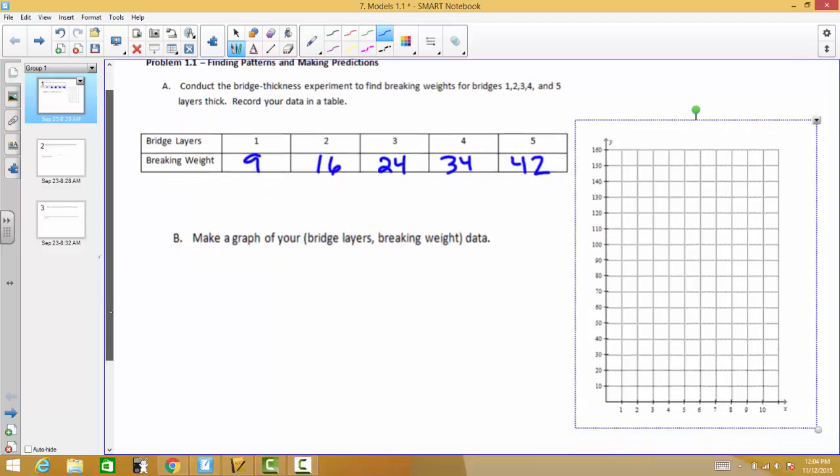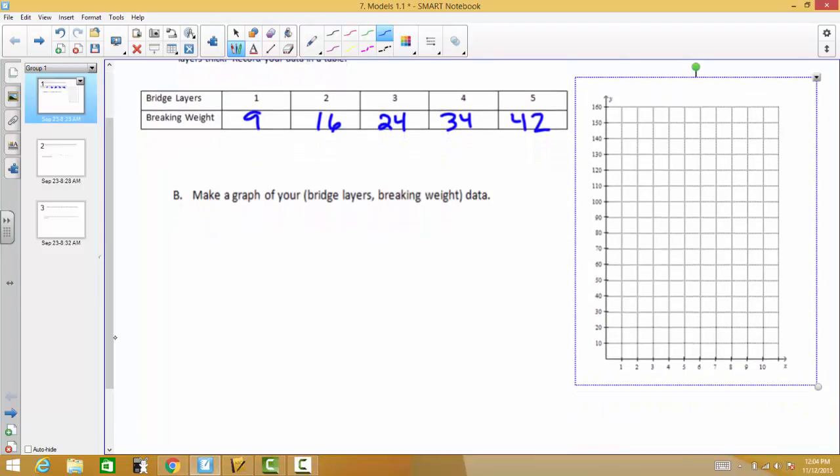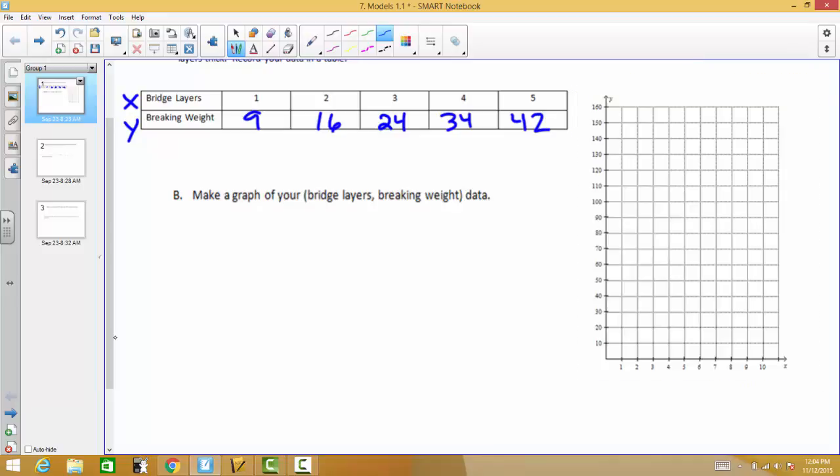So hopefully you graphed, and in a graph you want to make sure you always have titles and labels. So this is your x-axis and this is your y-axis. The bridge layers is the x-axis, and the breaking weight, which is the number of pennies, is the y-axis.